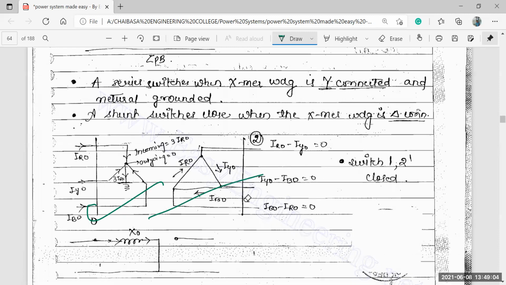This changes and this changes. Now it's 2 IR0 minus IY0 equals 0. Okay, these are the switching ones. Based on the scenario, this terminology was observed.